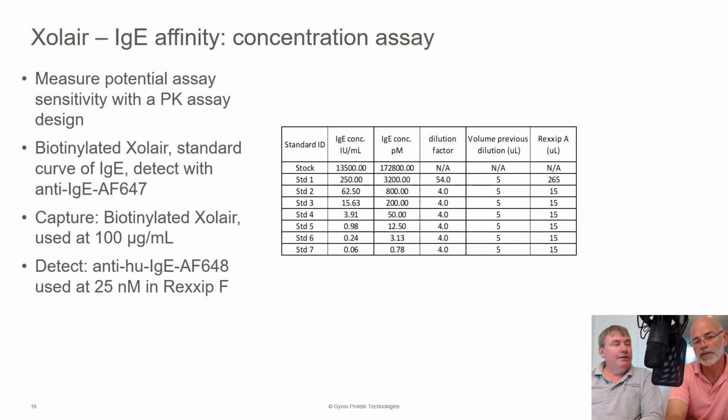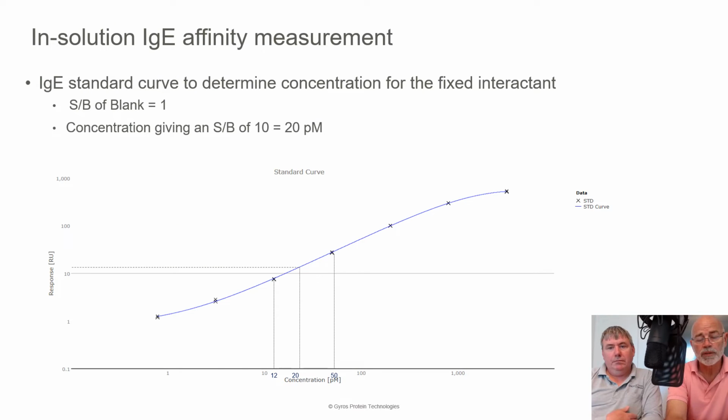And so this is really, in essence, a PK curve for IgE. The difference is we've just converted the units to molarity rather than the normal mass units that you would use if you were doing a PK assay. So here in this example, we've taken our IgE titration curve, and you can see that at about 20 picomolar, we're at tenfold over background.